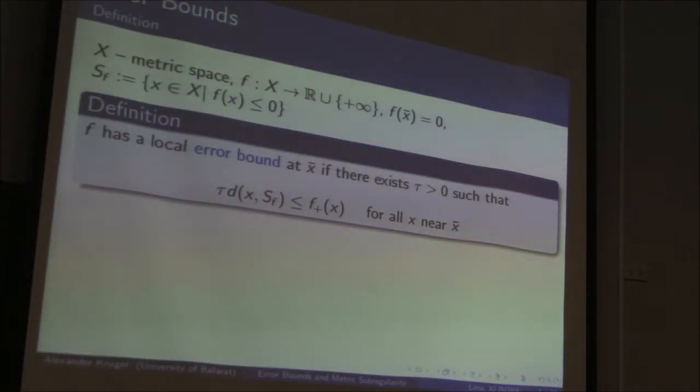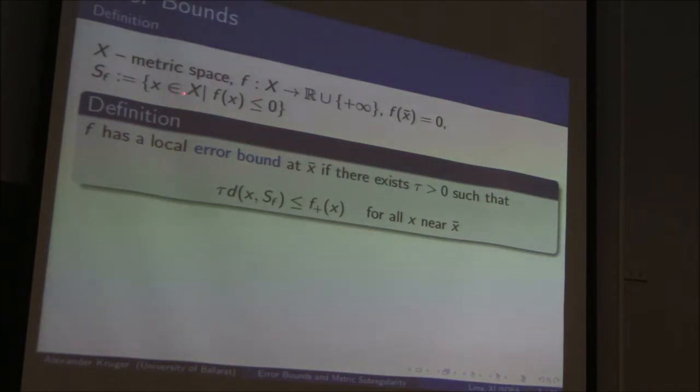This is the definition. Given an extended real-valued function defined on a metric space, given a point x bar where the value of the function is 0, we are looking for a set of solutions of this single inequality. Very simple problem, but with numerous practical applications.